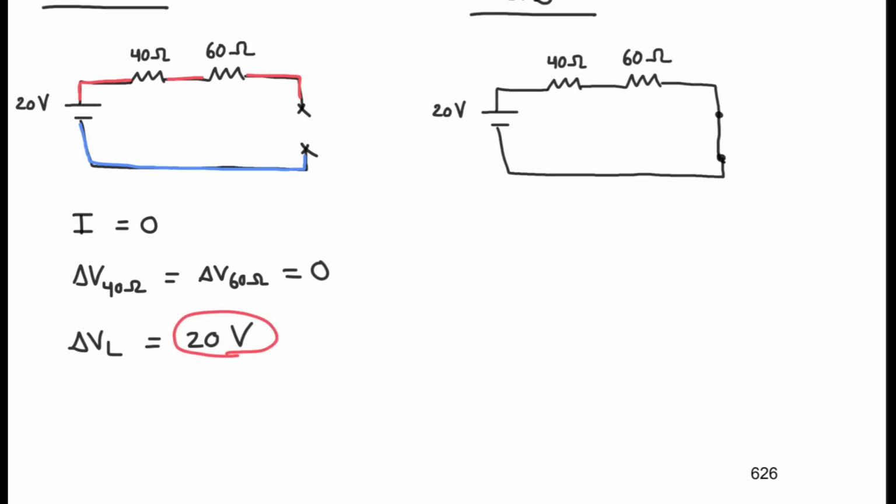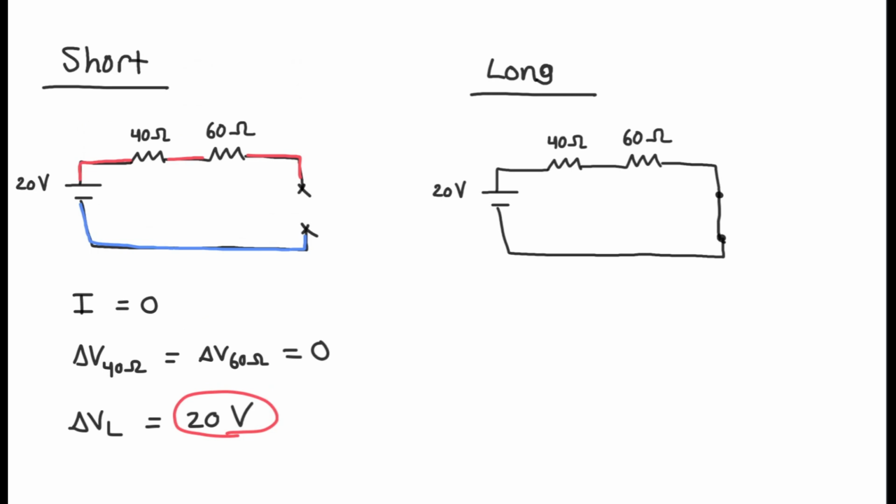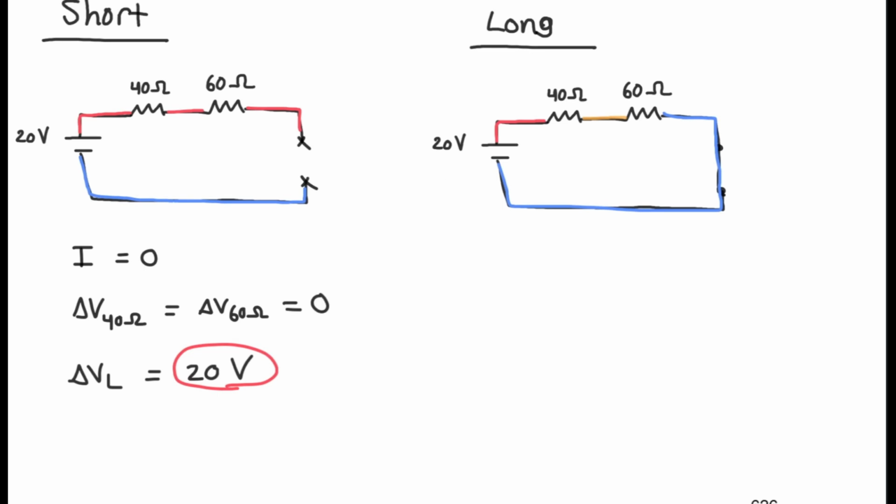Now for the long time analysis, we see that this inductor is essentially a short circuit now. So when color coding our potential, we see that we just have a simple series circuit. So I do need a third potential color here.